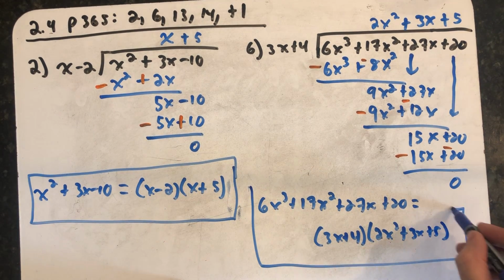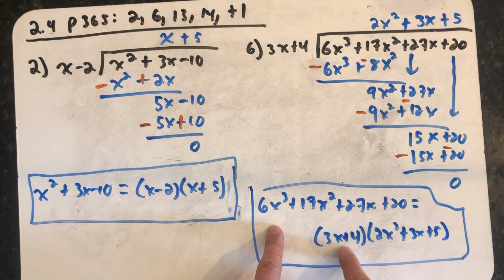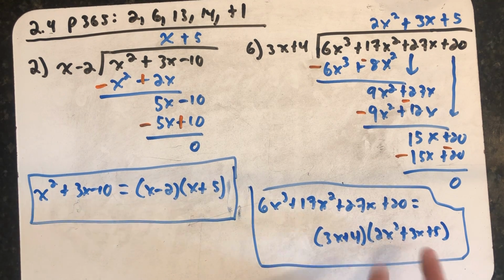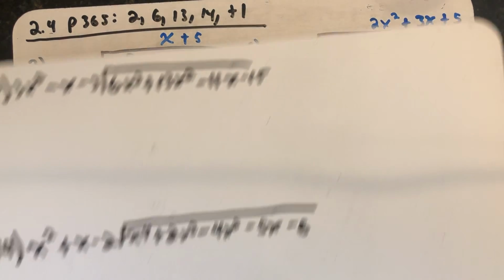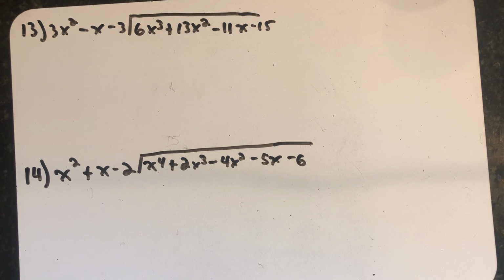So again, I'm in that situation where I have something that divides evenly into something, so I get 2 factors. So there is 6 and 2. Next up, 13 and 14, and then finally the one more problem that I promised you. So just 2 more long division problems.